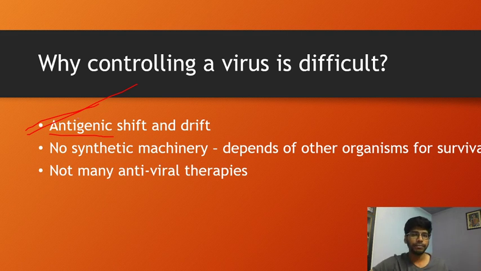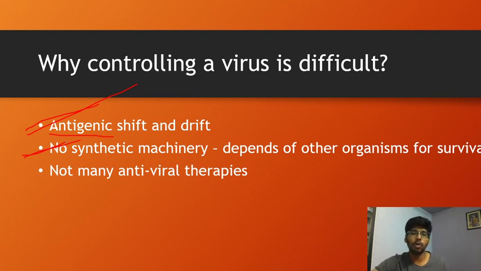The second one is no synthetic machinery. If there is some proper metabolism happening, you can synthesize a drug to stop that particular mechanism so that the cell dies itself. We humans are very complex. There are many organ systems which are interlinked together, and even if one organ system fails, the organism cannot survive.